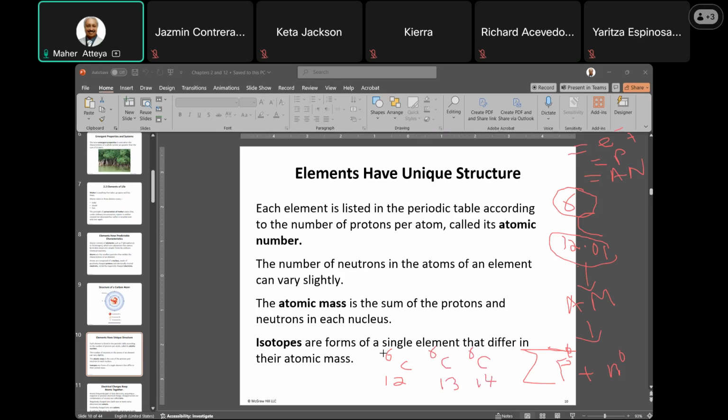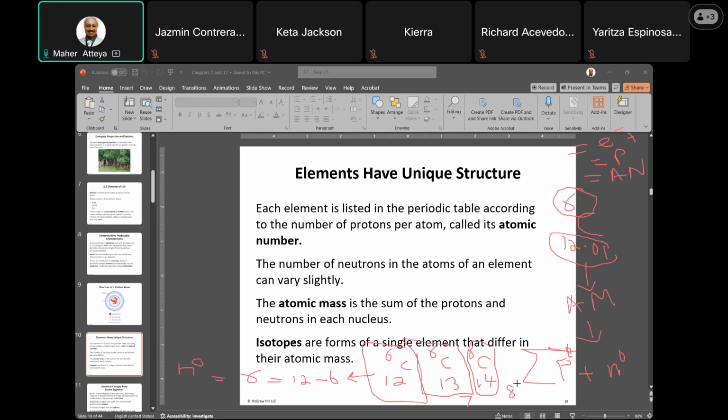If I subtract 12 minus 6, the neutrons for this isotope equal 6, the difference between the atomic mass and the number of protons. Neutrons have no charge. For 13 minus 6, we have 7 neutrons, and 14 minus 6 makes 8 neutrons.